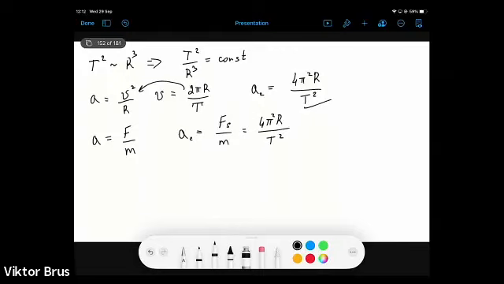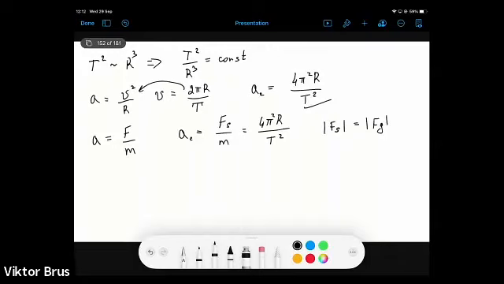In that case, we can write that in terms of absolute values, this centrifugal force should be compensated by gravity force, because otherwise this planet would just either fly away or fall eventually on the sun.